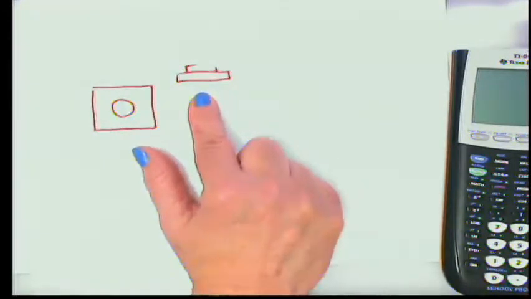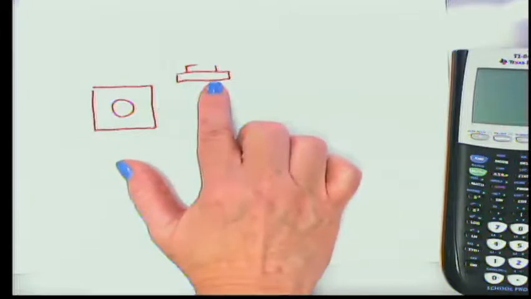So I would probably look at this as being 1, 2, 3, 4 pieces.